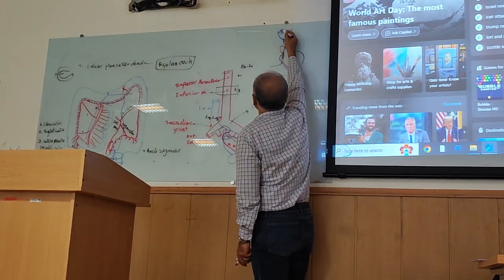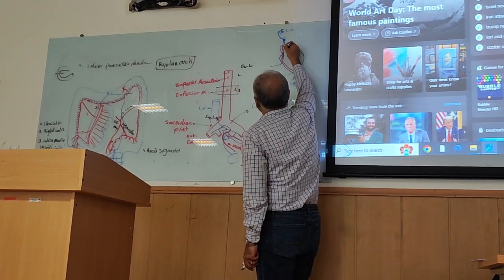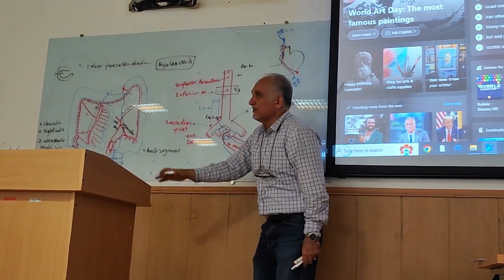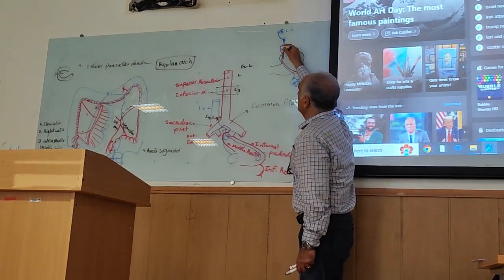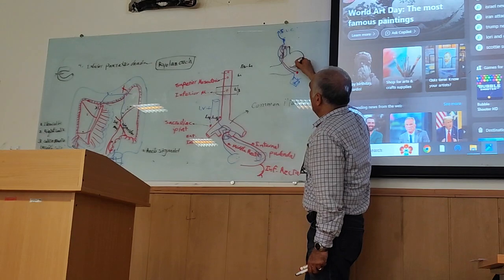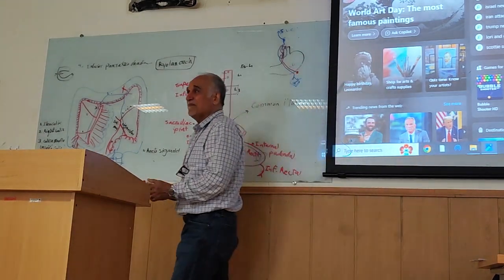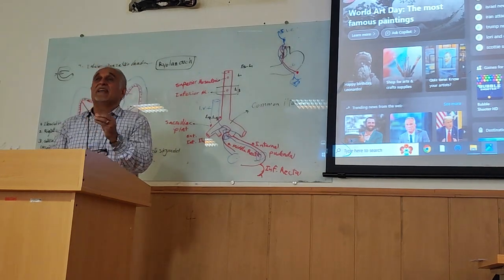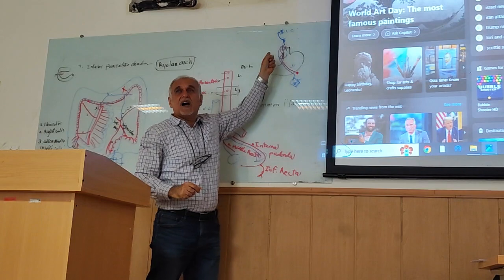So the venous plexus of this part, I mean the most lower part of the esophagus, connects by anastomosis with this one, the left gastric veins. So again here, there is a connection between cava and portal.